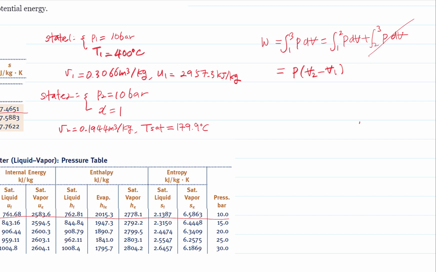Divide the equations by the mass of the system. Pressure 10 bar, V2, V1, and be careful of the unit.